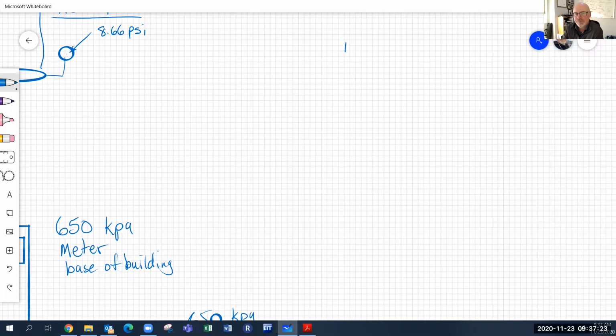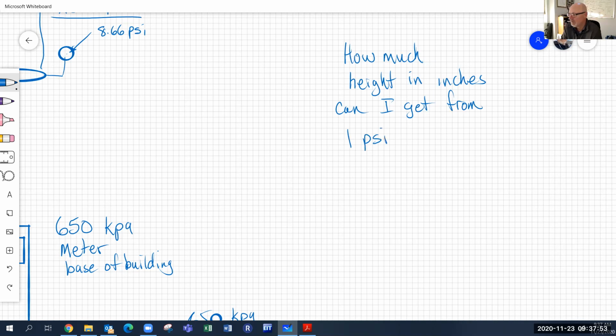Let me rephrase that. How much height in inches can I get from 1 PSI? So I want to know the height in inches from 1 PSI.